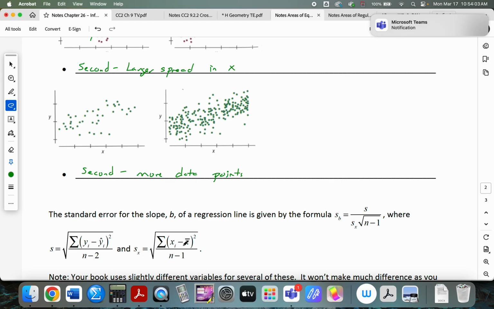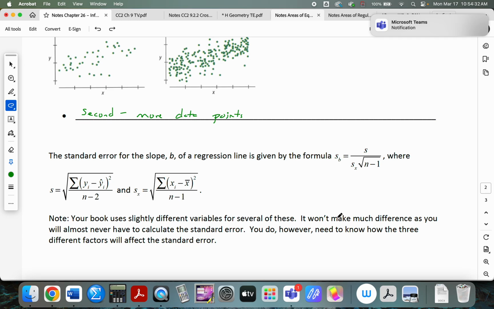So we'd like this s to be as small as possible, right? And we'd like s sub x to be relatively large, and we'd like n to be relatively large to make this standard error as small as possible.